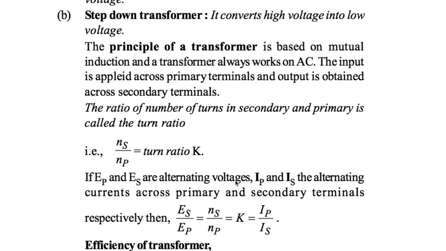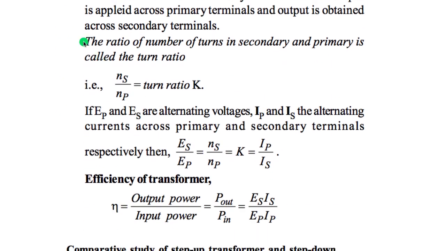Now, the ratio of the number of turns in the secondary coil to the number of turns in the primary coil is called the turns ratio.